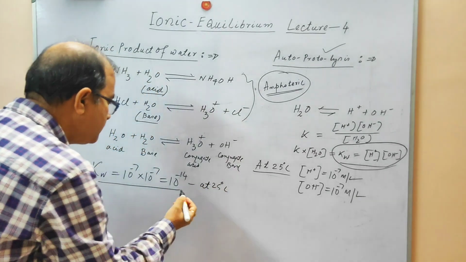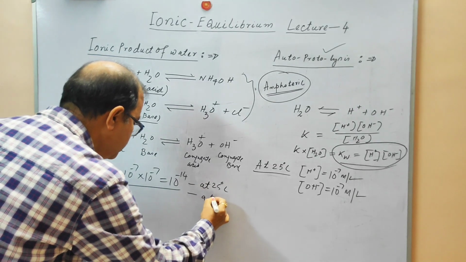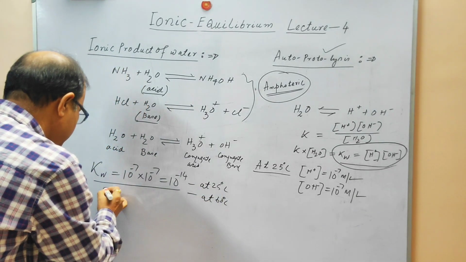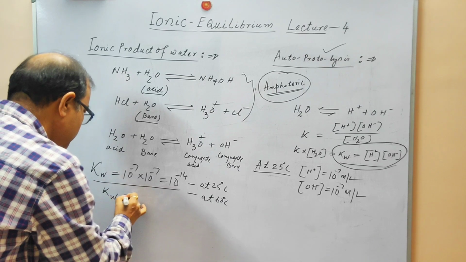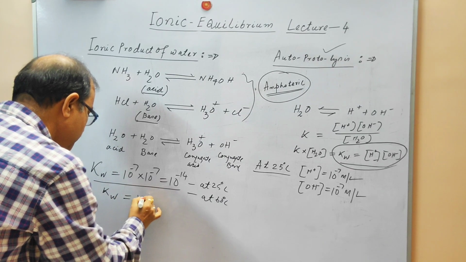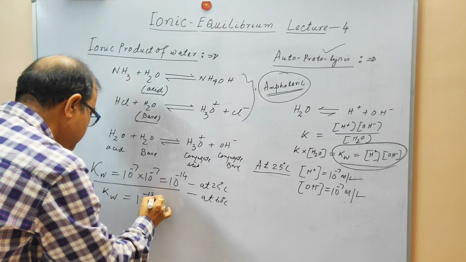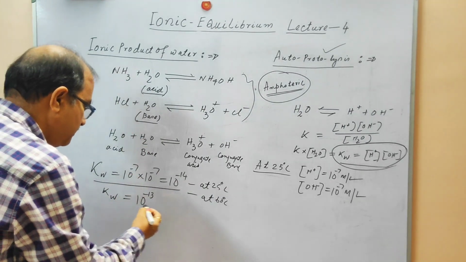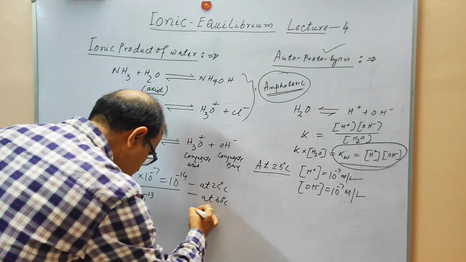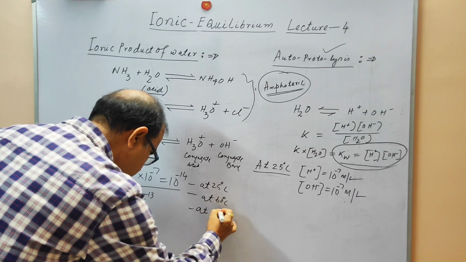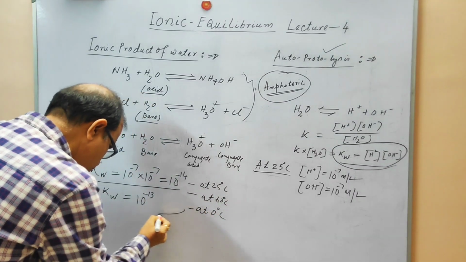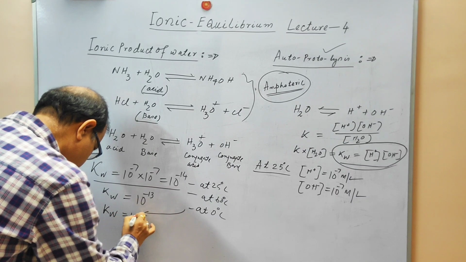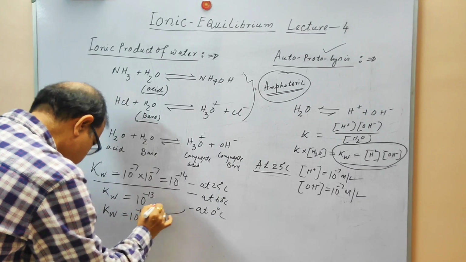But if we increase the temperature to 60 degrees Celsius, then Kw will be equal to 10 to the power minus 13, and when it is at 0 degrees Celsius, this Kw is going to be a different figure, that is 10 to the power minus 15.